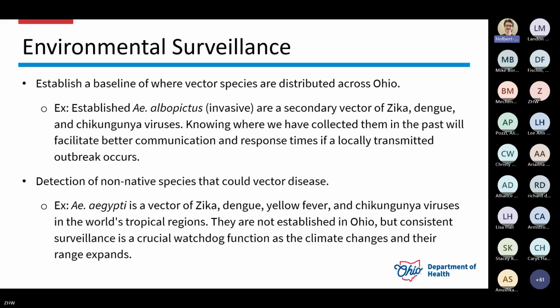It doesn't survive the Ohio winters, but as the climate changes, it's crucial that we do this sort of surveillance, so that if the mosquito were to appear, we have a better understanding of where to target our focus and apply active measures.